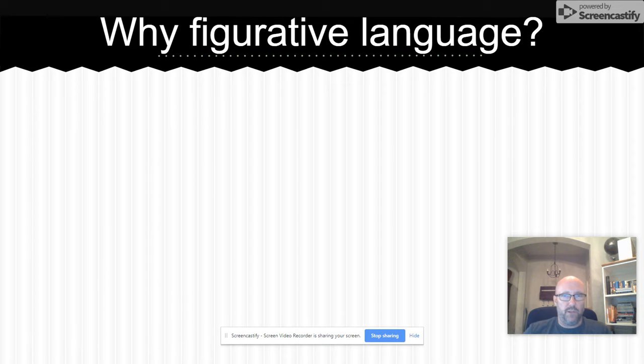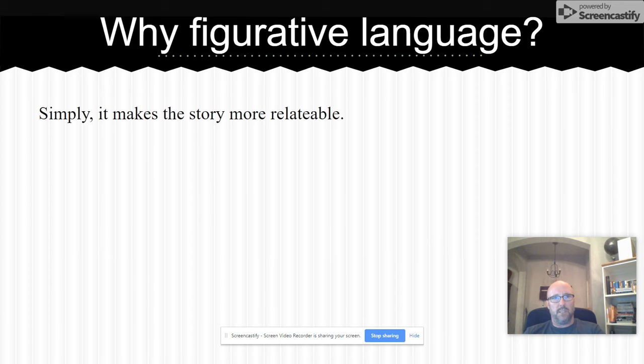Why do we use figurative language? It is exactly what we just talked about. Some of the reasons: it makes the story more relatable. The author may be talking about something, a time, a piece of equipment, anything that you may not be familiar with, or I may not be familiar with.